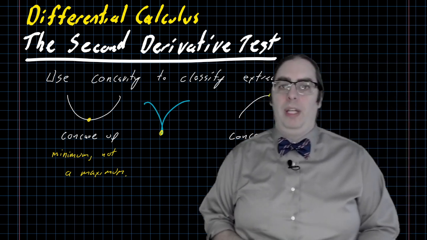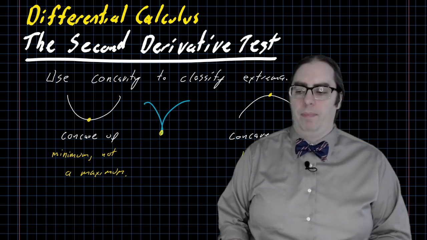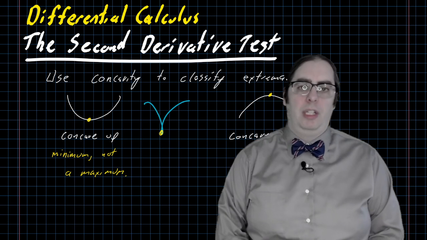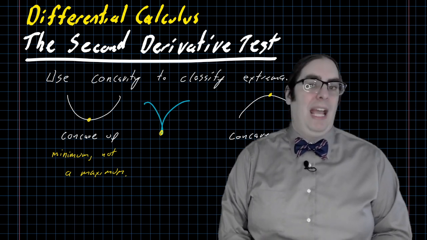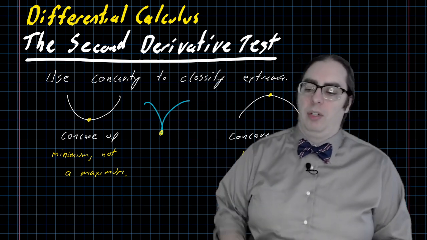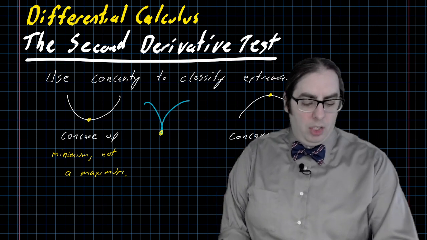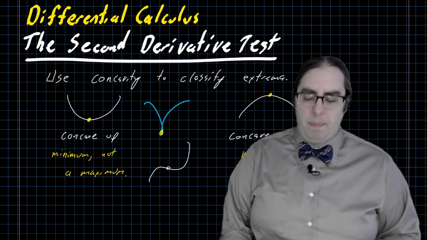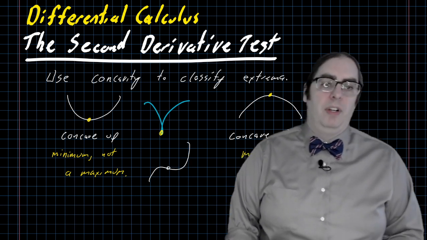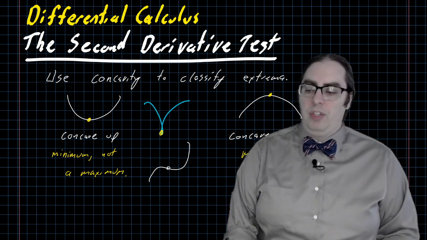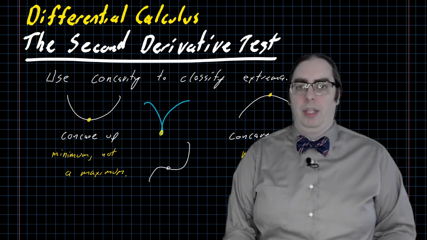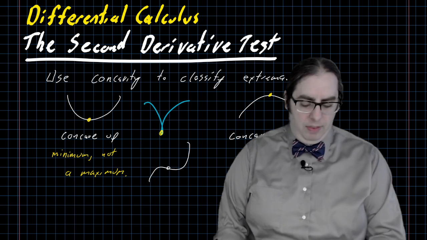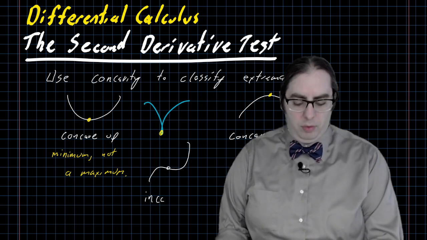This tells you what is not going to happen. At a point of inflection, a point where you're neither concave up nor concave down, anything goes. I've sketched here a minimum. I could also sketch a point of inflection at a place where the function is kind of straight. There is neither a maximum nor a minimum occurring there. And that is kind of the inconclusive case.